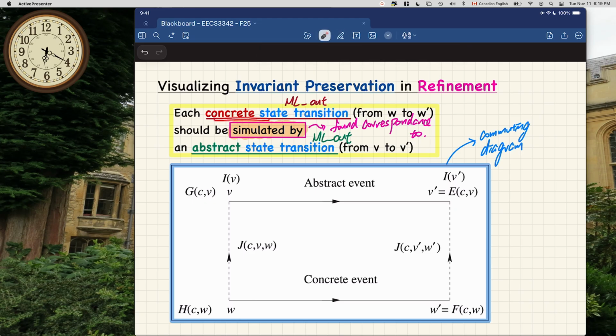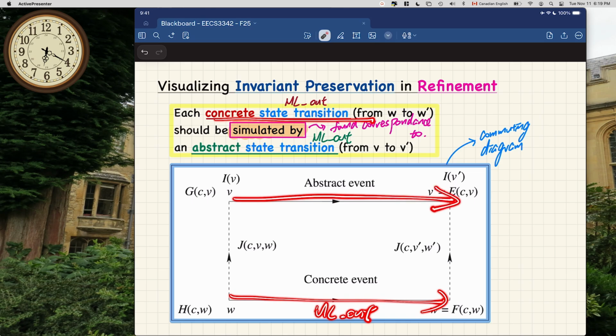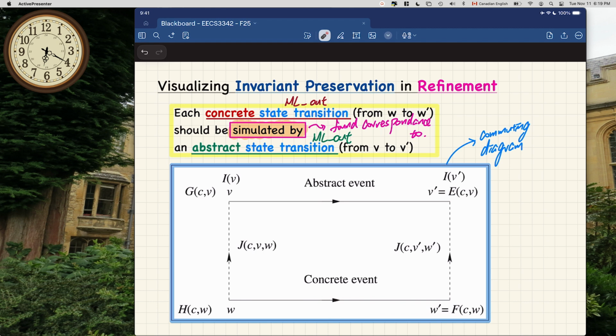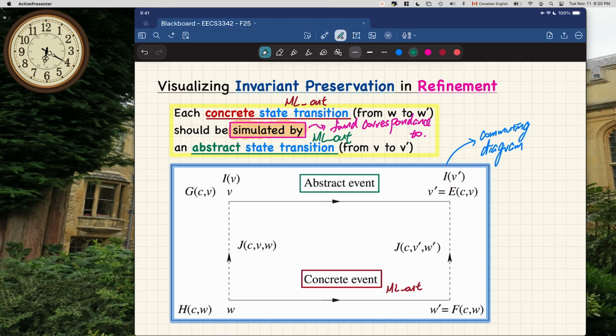It says the following. When I make my concrete state transition, let's say ML out, in terms of A, B, and C, I should be able to find the correspondence in the abstract model right here, the abstract state transition. So there are 2 ways for you to say this. We got concrete events right here, could be ML out, for example, and also the corresponding abstract version of the events, also ML out.